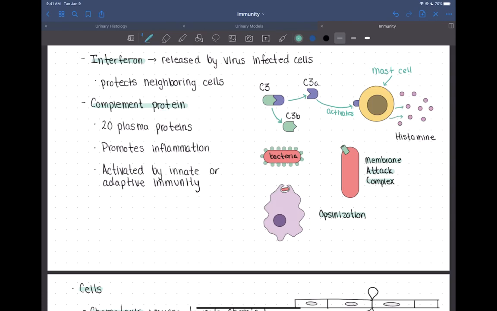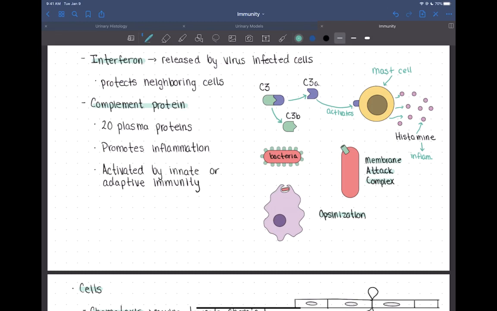It's going to release all of that histamine that it's been storing. Okay, and so then we know that histamine that's released, the function of histamine is to cause inflammation. Okay, so C3a activates mast cells, release histamine, that histamine leads to inflammation.